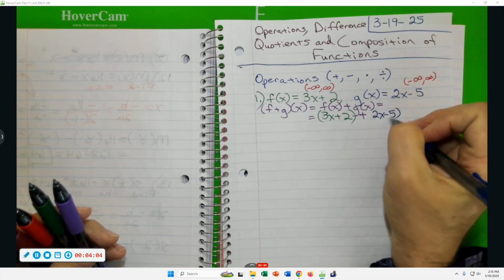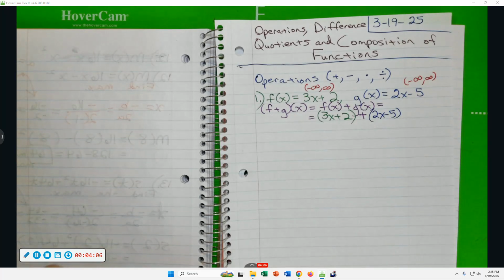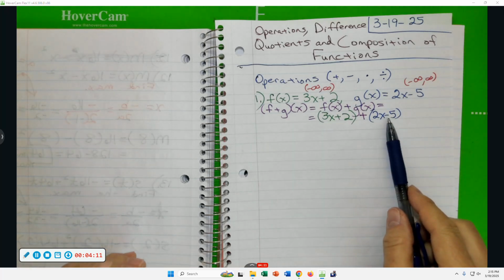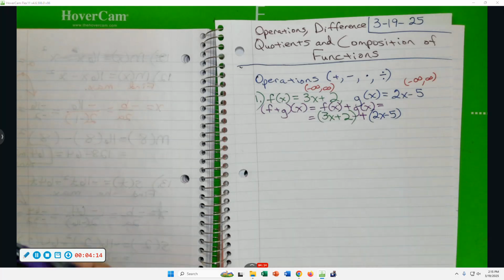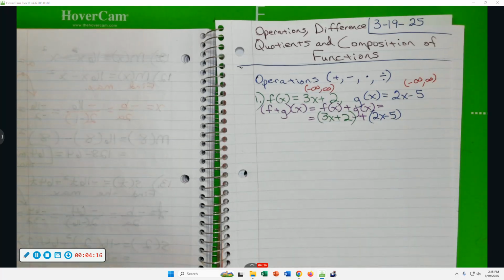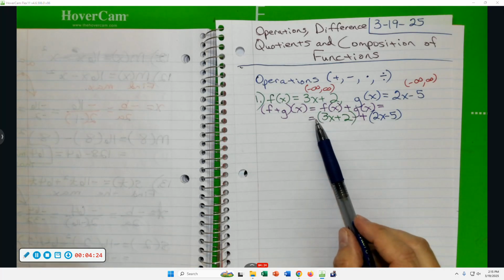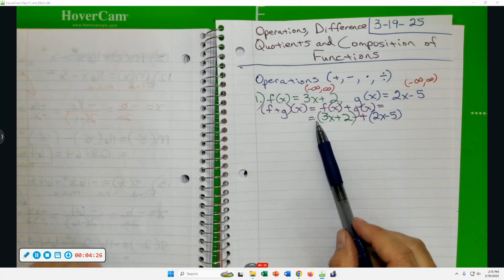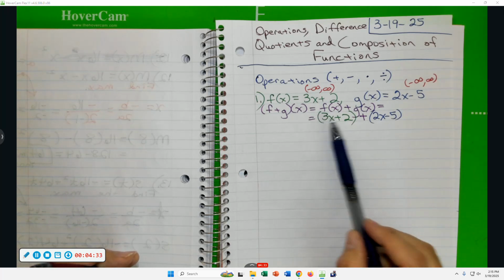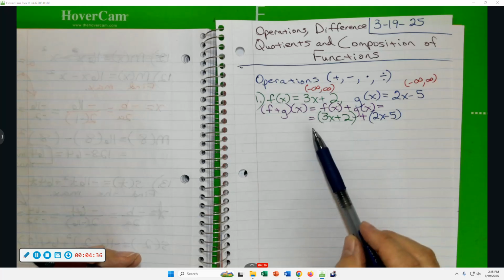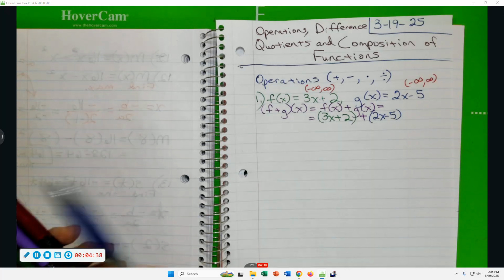Once again, I'm going to enclose them in parentheses just to make sure you see that 2x minus 5 came from g of x. We know how to remove parentheses. When removing parentheses, you look at what's in front of them and see if there is something there that needs to be distributed. In this case, there's nothing in front of the parentheses. You could think of it as a positive 1, but multiplying by positive 1 doesn't change anything. These parentheses are unnecessary. I'm just going to drop them.